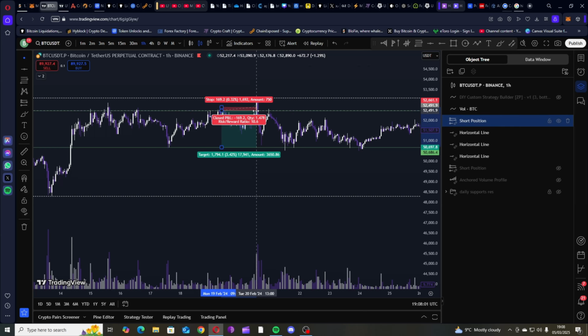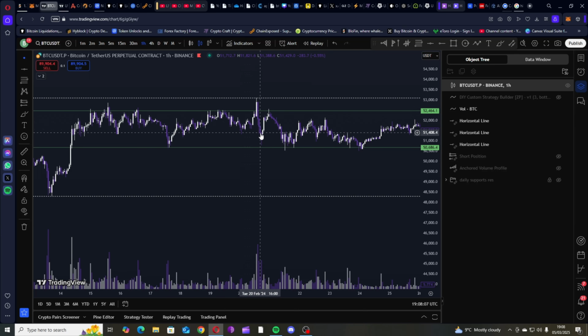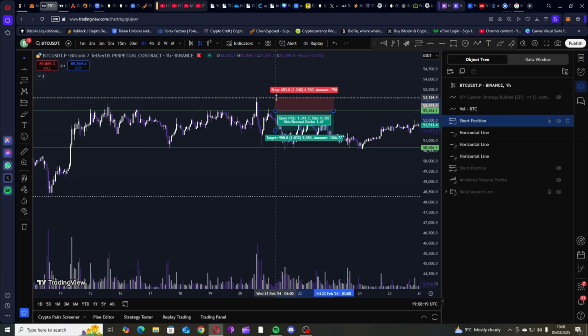You did eventually get stopped out there. We had another move up, fake out again, dropped all the way back down, came back up, rejection. Shorting opportunity right here on this rejection. Invalidation above that. Take profit here. A 1.2 risk to reward.